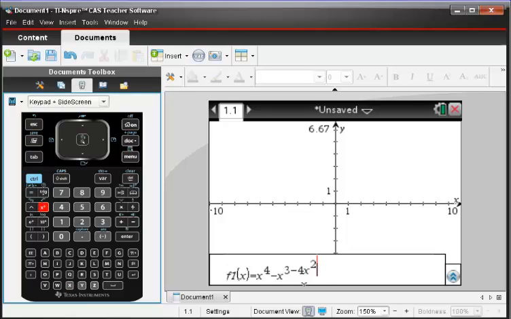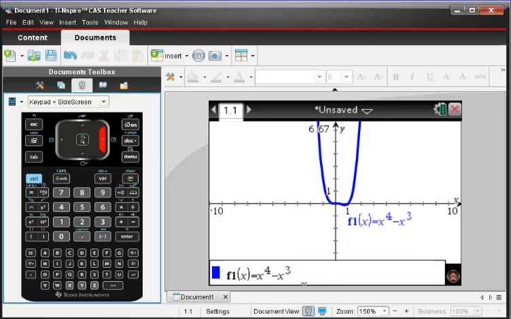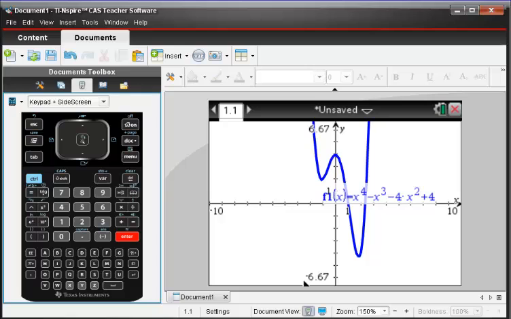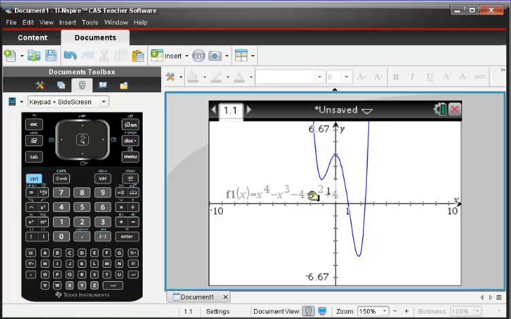Oh goodness, all that stuff's still up there. x cubed, minus 4x squared plus 4. Alright, and then here's this guy's graph, and of course it gives us a label for it.